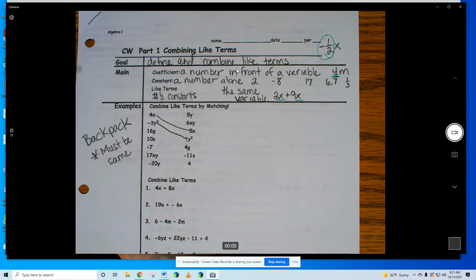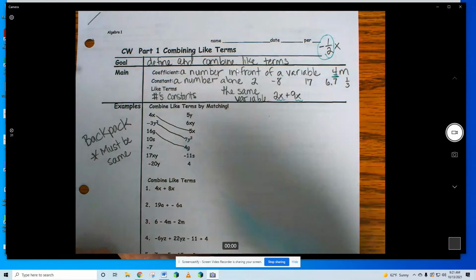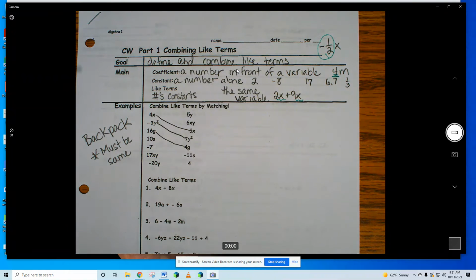What about 16G? What's 16G going to match up with? Where's its matching backpack? 4G. Good. Draw a line. 16G to 4G. Awesome. 10S.